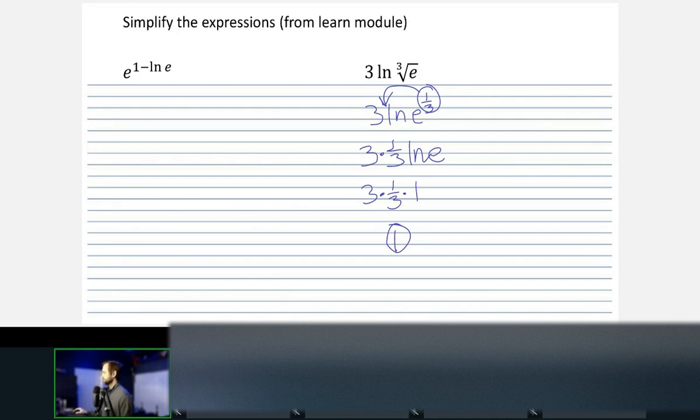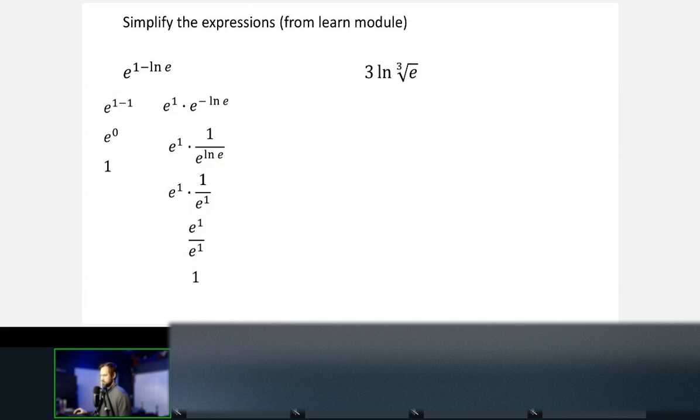And we do it a little differently. Brady, how'd you do it? You moved the 3. Okay, so you did it how I did it. Doesn't mean that it's the best way. It's just how I saw it. So this required us not to rewrite the radical as a power, but either way is fine.